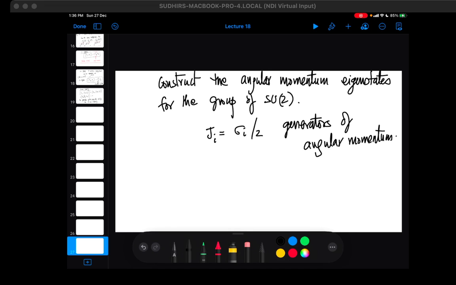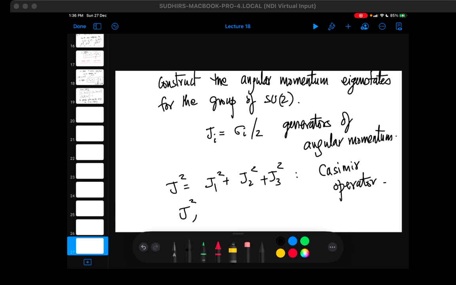Then we have J square equal to J1 square plus J2 square plus J3 square. This is an invariant operator which is called the Casimir operator. It is called a Casimir because J square commutes with all the generators: J square commutes with Ji is equal to 0, i equal to 1, 2, 3.